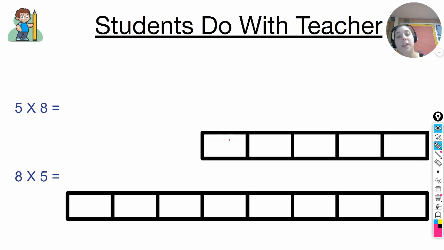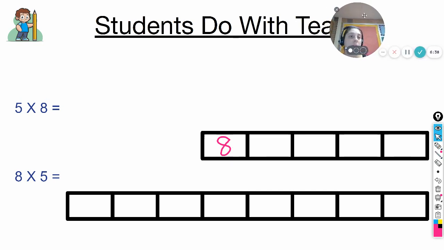Okay, you're going to start with 8. Go ahead on your whiteboards and finish that skip count. So fill in the next 4 numbers on your whiteboard and hold it up when you're ready.